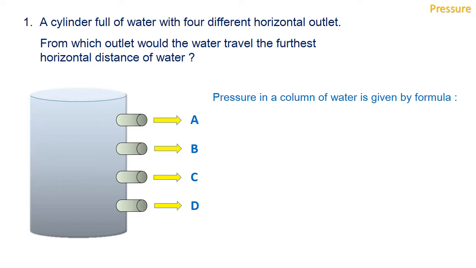Pressure in a column of water is given by the formula P equals h ρ g, where ρ and g are constants.